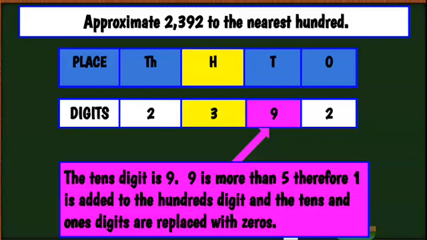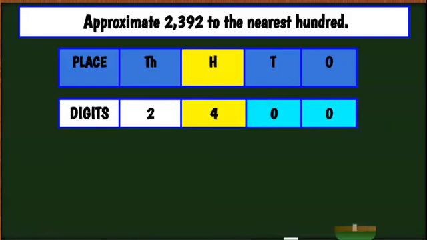So the tens digit is 9. 9 is more than 5, so therefore 1 is added to the hundreds digit, and the tens and ones digits are replaced with zeros. So now we have 400. So 1 added to that 3 becomes 4, and the tens and ones are replaced with zeros.